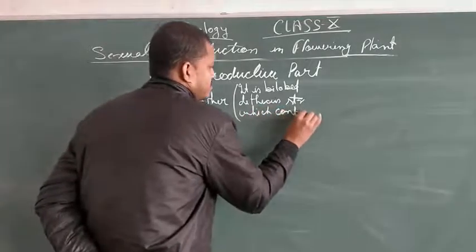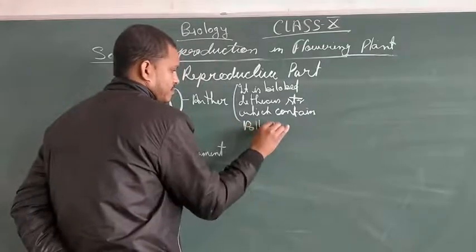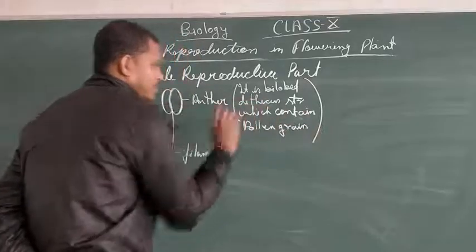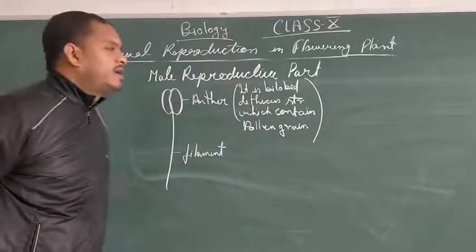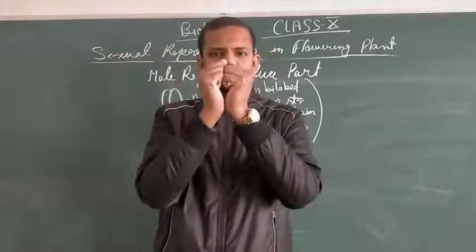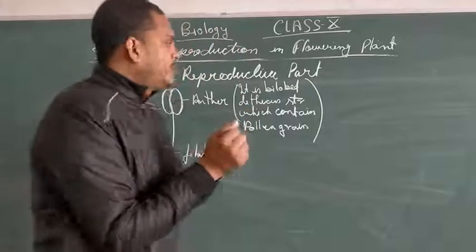Okay, the anther is bilobed, like this, one lobe, two lobes, a bilobed structure. And it is dithecous. What do you mean by thecous?